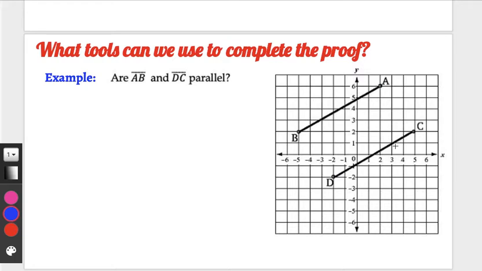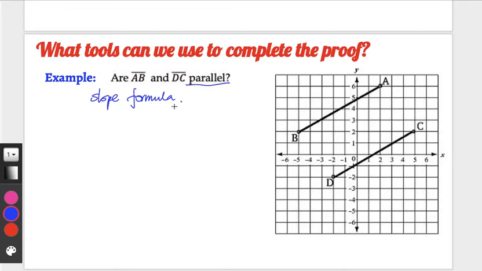The tool we're going to use is the slope formula, because as we mentioned, when two lines are parallel, they have the same slope, and when they have the same slope, they are parallel. So we are going to calculate the slope of each segment, and then compare whether they're the same.